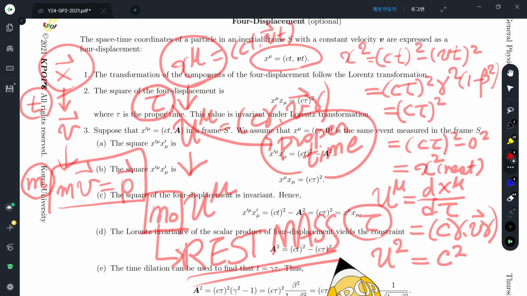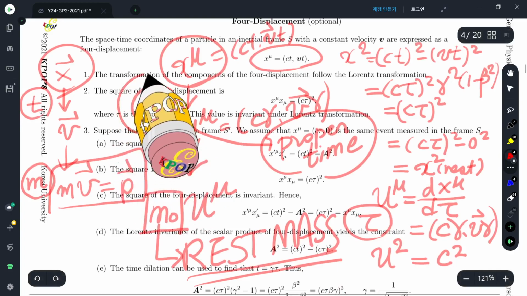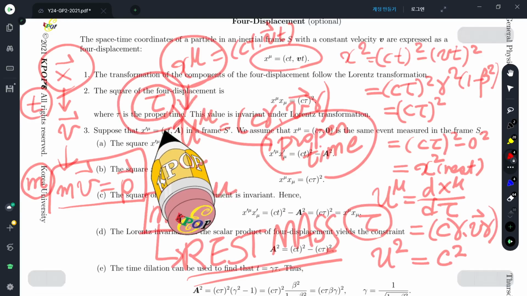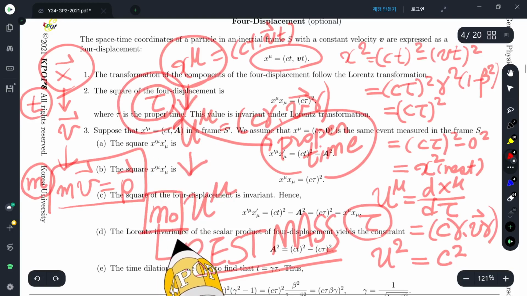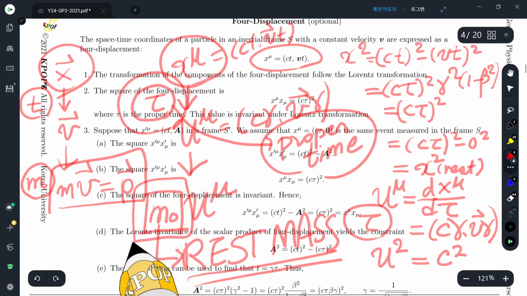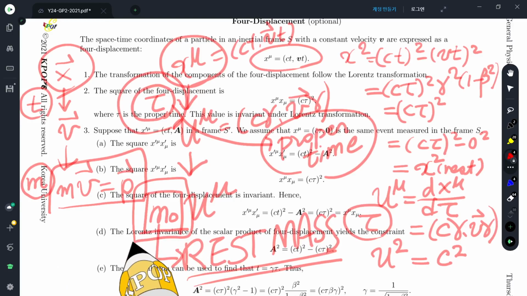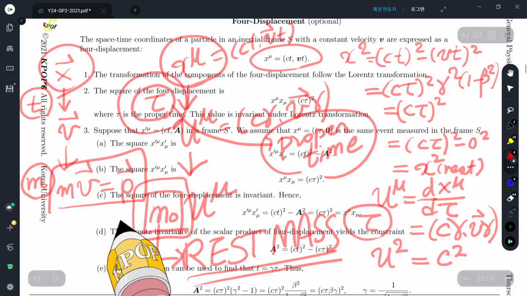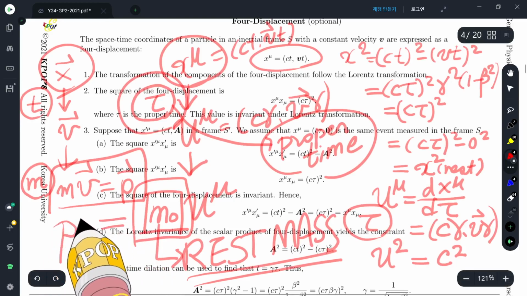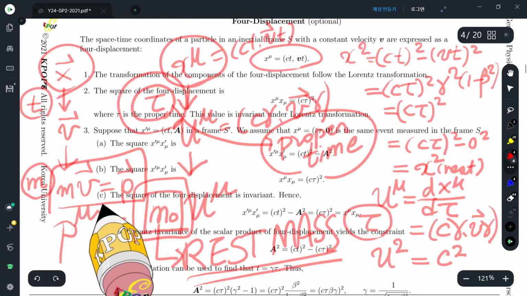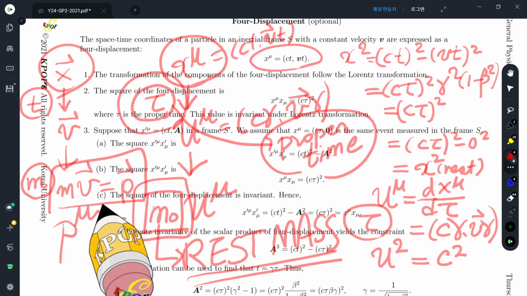The only time scale that is independent of Lorentz transformation is proper time. The mass that is invariant under Lorentz transformation is the rest mass. Let me multiply the rest mass by the four velocity, and this is called the four momentum. Look into every component of the four momentum for its physical meaning.